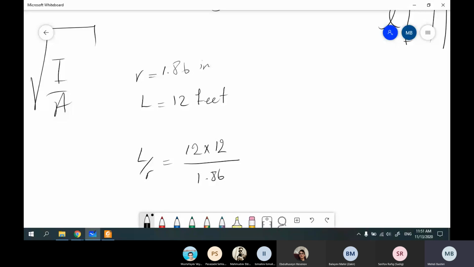So the answer is 12 dot 12 divided by 1.86, 77.4. Are they good or not?